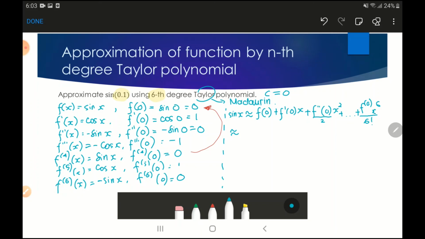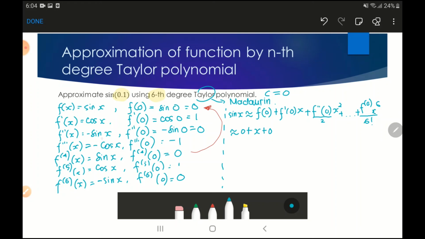See that here, the original function is 0, the second derivative 0, the fourth derivative 0, the sixth derivative 0. So actually we have to consider only the odd-order derivatives: the first, the third, and the fifth. So we have 0 plus the first derivative, which is 1 times x, just x, and another 0.